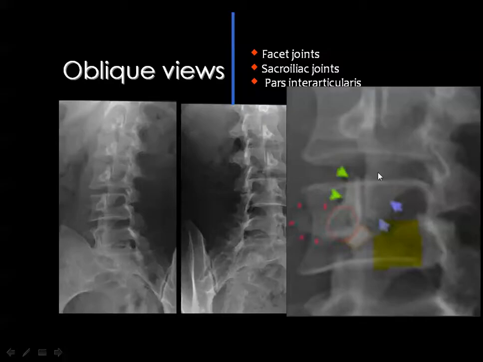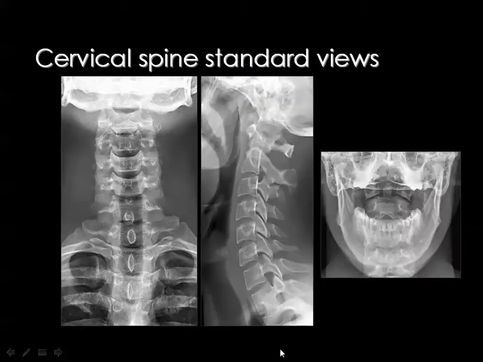And you know, when this part is broken, there is a possibility that the vertebra will slip over the underlying vertebra, particularly if both pars interarticularis are broken.